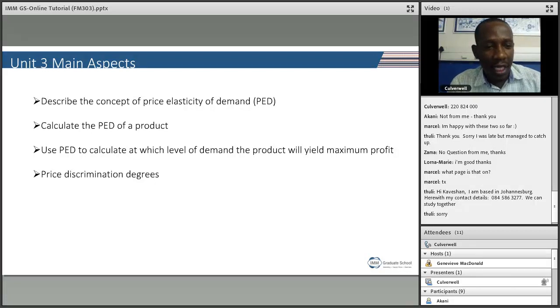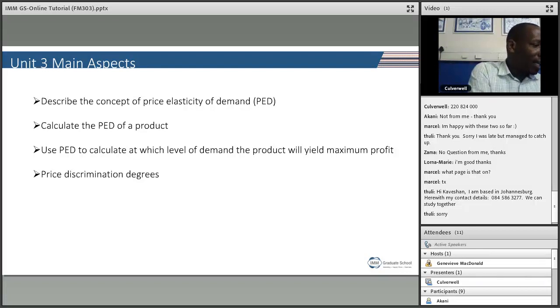And then lastly, or maybe second from last on this unit 3, it will be calculation of profit maximization. Profit maximization, and there's a very good example that is well explained, example 3.2, which is on page 151.